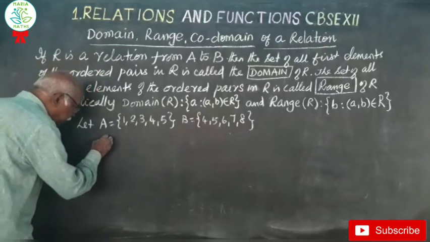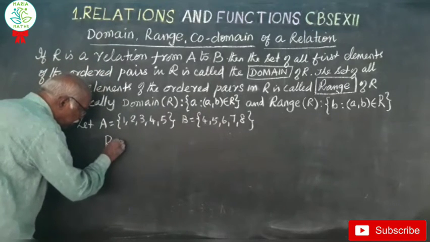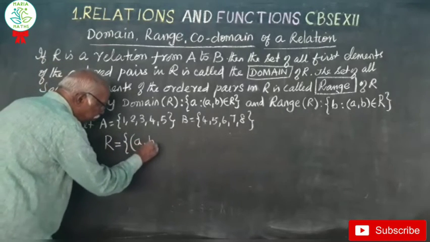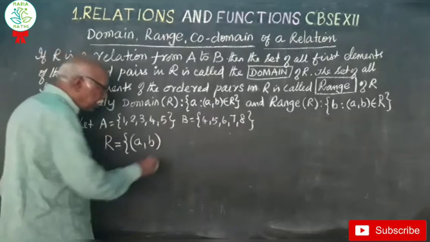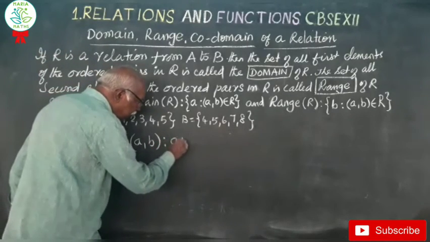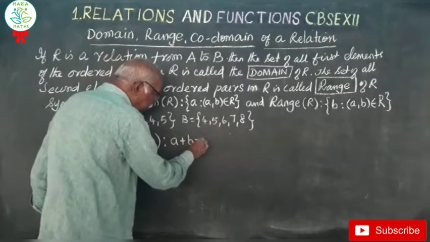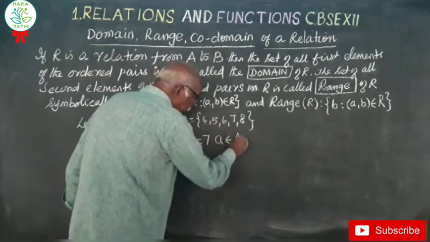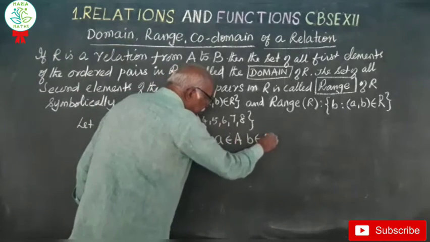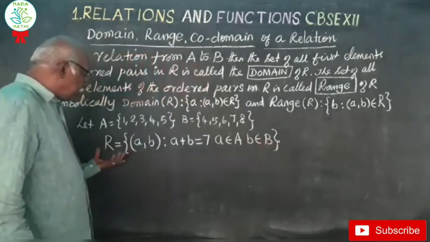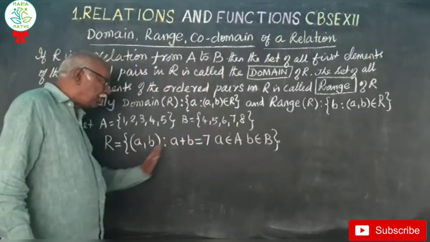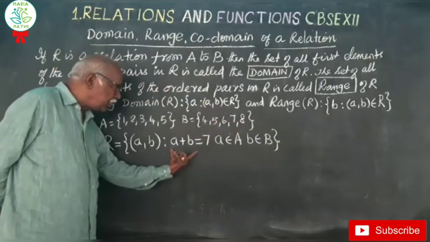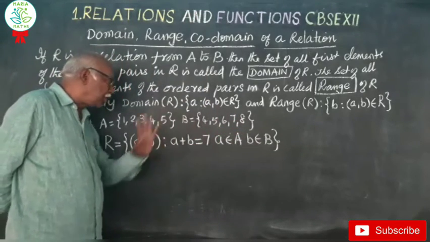Let R be the relation, R equal to the set of all ordered pairs (a, b) such that a plus b equals 7, where a belongs to A and b belongs to B. That is the representation of a relation in set builder form. The first element belongs to A, the second element belongs to B. The condition is that the sum of the two elements should be 7.